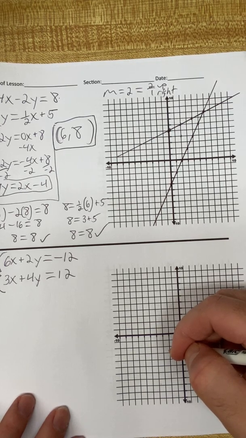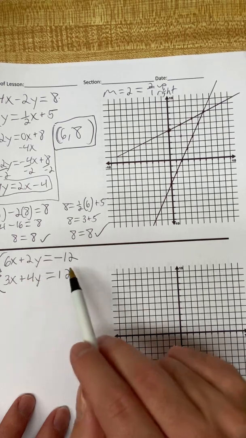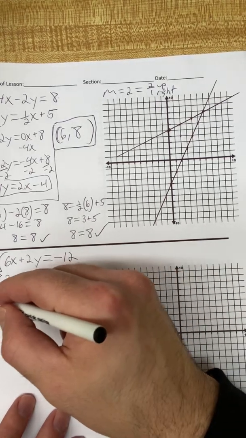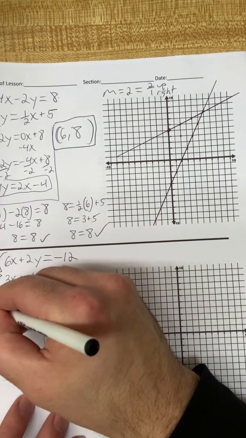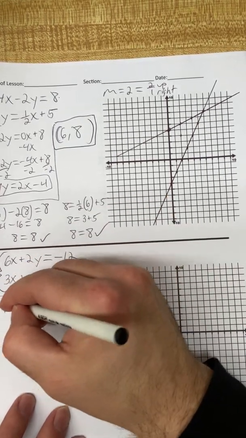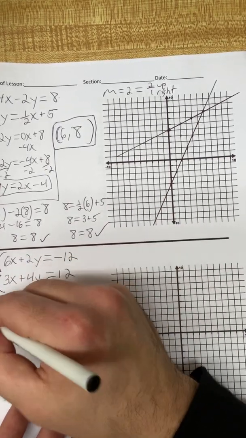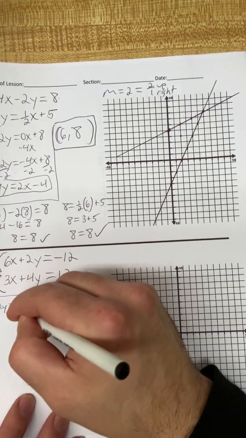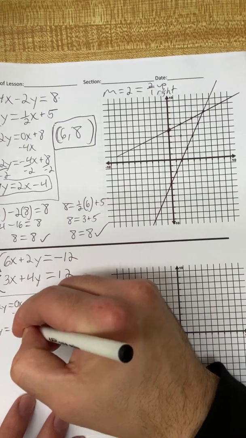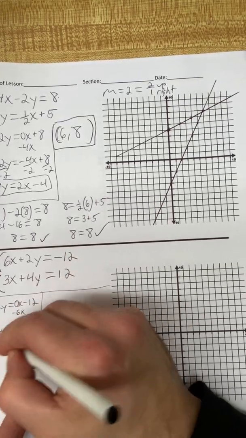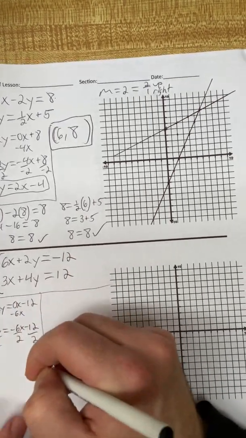Last up here, neither of these are in slope-intercept, so that's going to be our first job. Divide everything by 2 then.